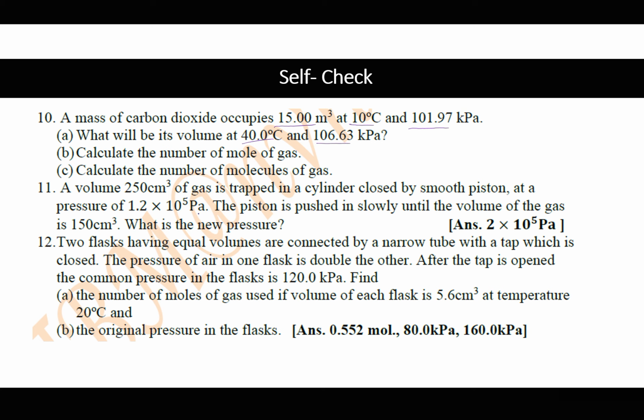Number 2, a volume of 250 centimeters cubed is trapped in a cylinder closed by a smooth piston at a pressure of 1.2 times 10 power 5 pascals. The piston is pushed in slowly until the volume of the gas is 150. What is the new pressure?